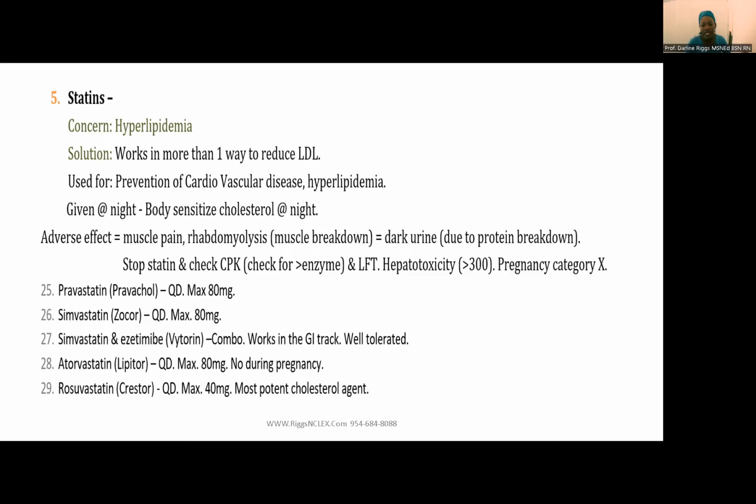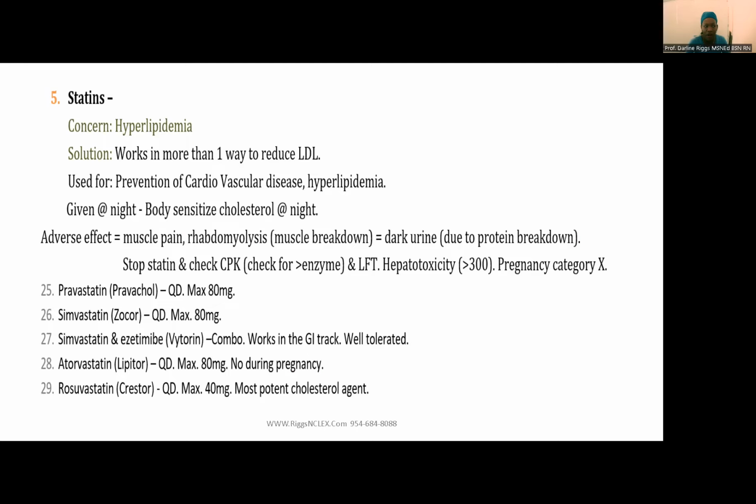Now, the thing is, they work in several ways. I don't see many questions asking about the patho of how these work, but it's just good information to know. So they work in more than one way to lower the bad cholesterol, the lousy, right? We've talked about HDL, LDL, and total cholesterol.